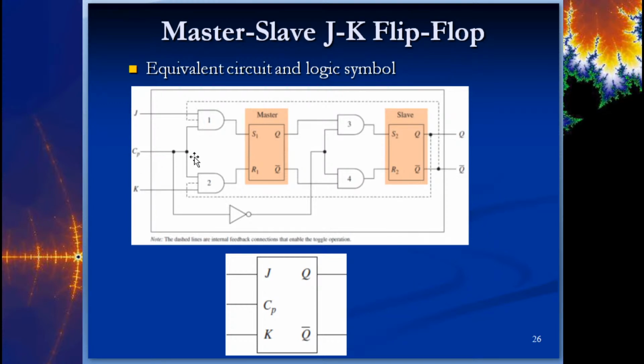So here's the thing that happens though. If your clock pulse is at, let's say, 10 kilohertz, it's taking the front half of the cycle to load the master, and then the second half of the cycle to load the slave, and then get a change on the output. So if this was in toggle mode, let's say it was a 1, 1 here, so Q is just going back and forth between 1 and 0.